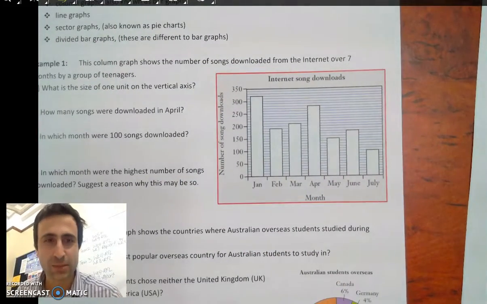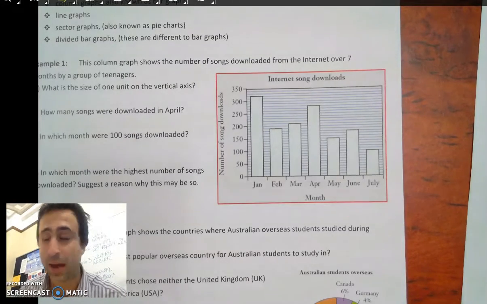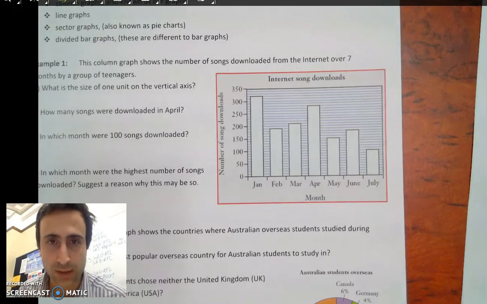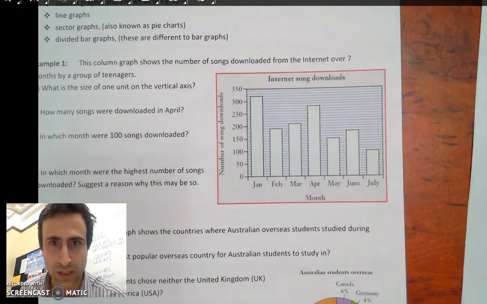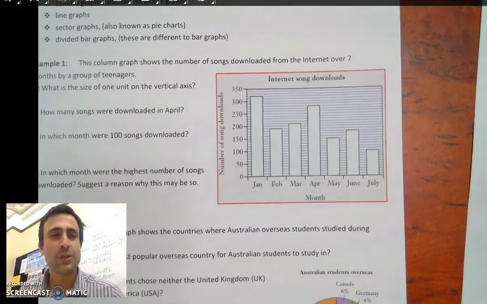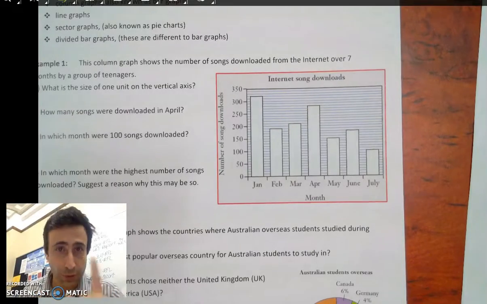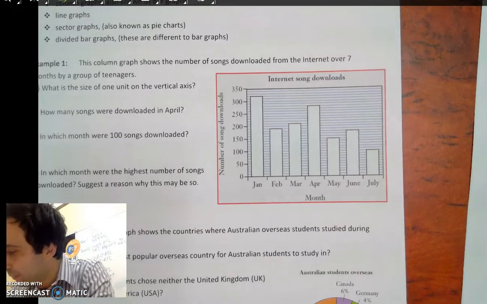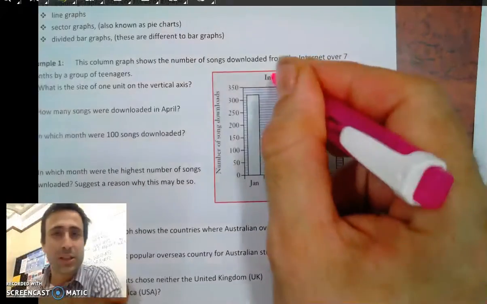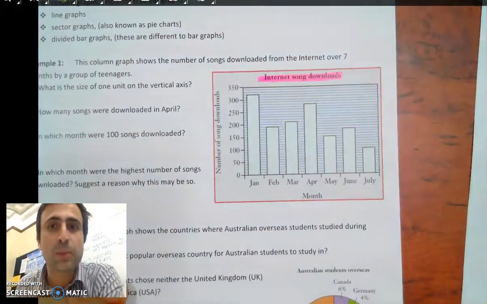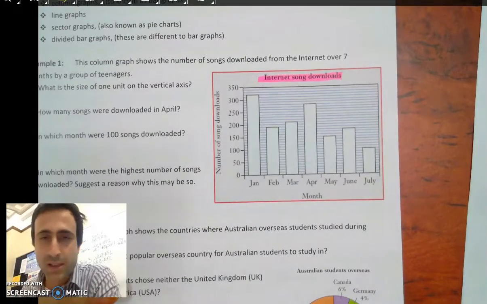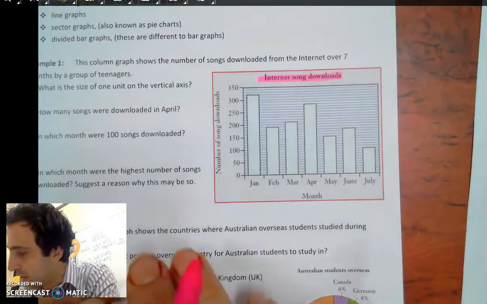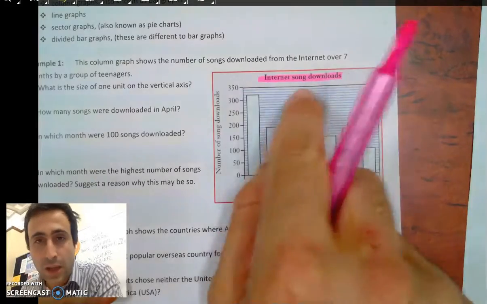The main reason is that they don't actually read the chart, and in particular, they don't read the units of the chart. So the first thing we do when we approach any chart is we read the title. I know that sounds ridiculous, but it's amazing how many people don't do it. You read the title, so we know straight away, even before we're asked any questions, this chart is about internet song downloads.